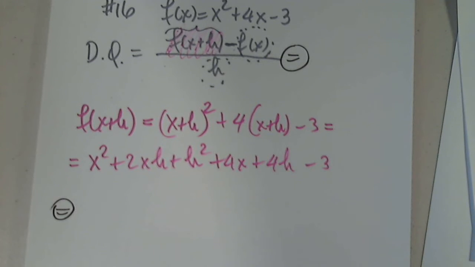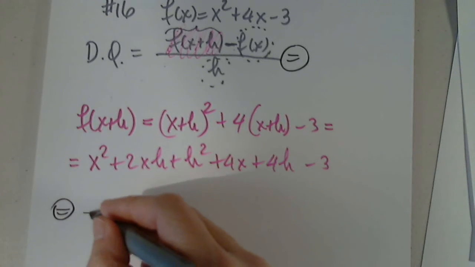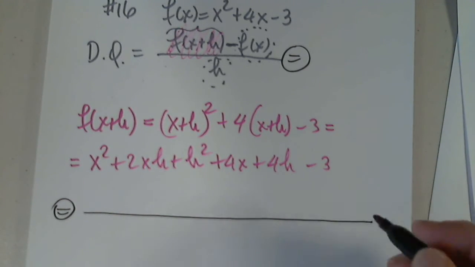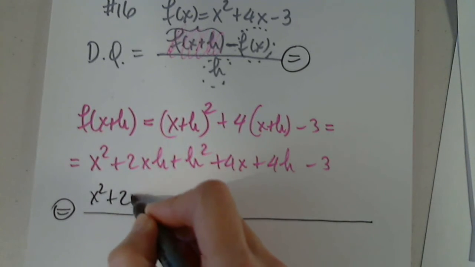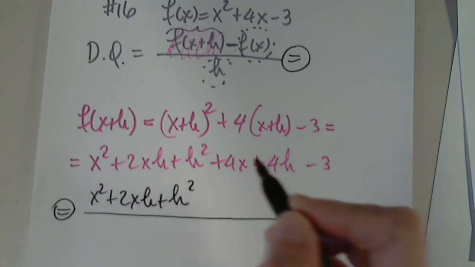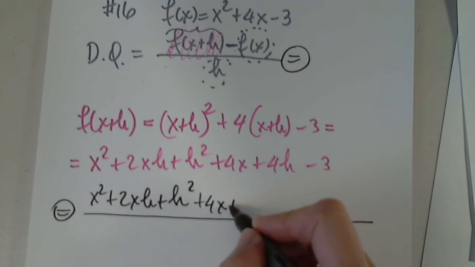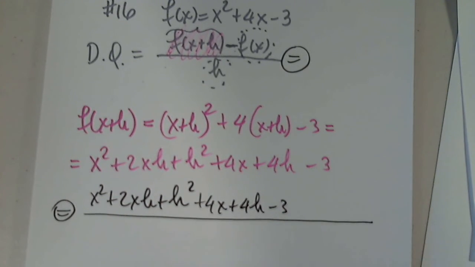Does anyone remember the two conditions or two concepts? Every time we determine the difference quotient, those two have to happen. Anyone?